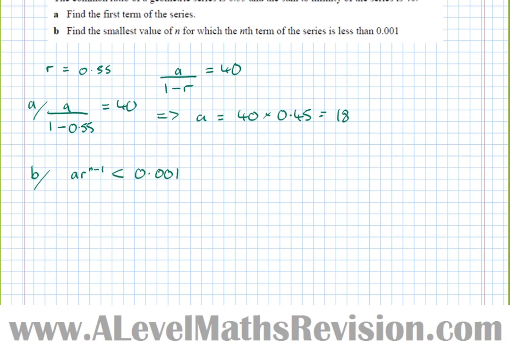Well, we've got the values of a and r now. This implies that a, which is 18, times r, which is 0.55, to the power of n minus 1, is less than 0.01. Now this is going to involve logarithms to solve, and we've got a choice of bases.